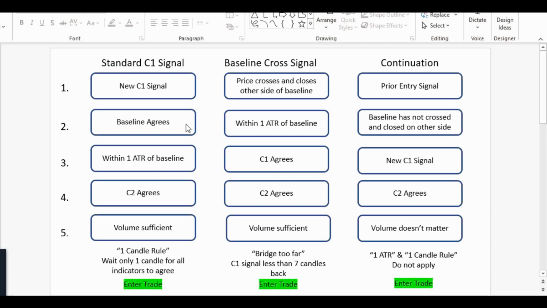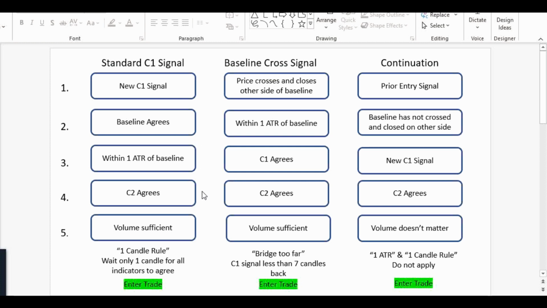Next, you're going to check to make sure that the baseline agrees, meaning that price is on the right side of your baseline, and that it is within 1 ATR of your baseline. You don't want to have gone too far. Fourth, you want to make sure that your secondary confirmation agrees. And finally, that you have enough volume to support the trade, whatever volume indicator you're using.